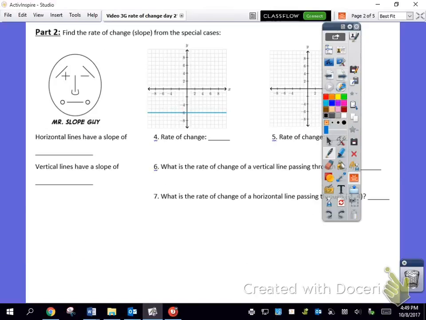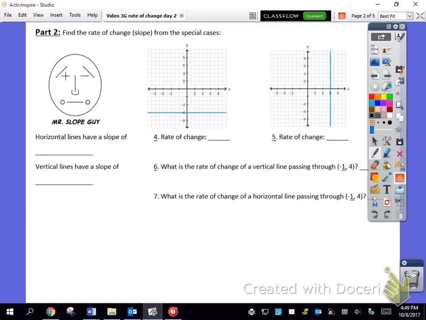Okay. On the next one, we want to do the same thing, but notice my lines look a little bit different. I still want to find my rate of change. So I'm going to set up my t-chart right here. I'm going to pick 2 points on this line. It doesn't matter. So that point is 0, 6, and that's 2, 6.